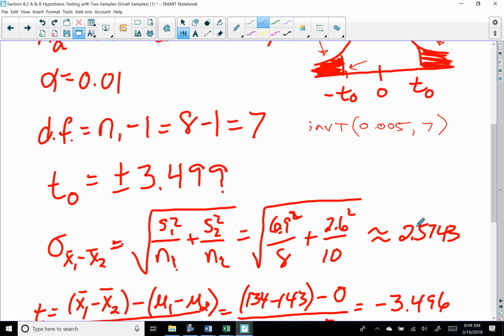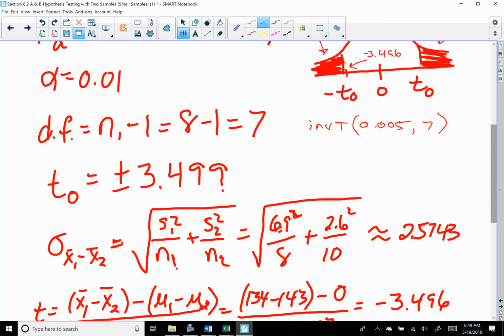My t statistic is negative 3.496. Super close. Nonetheless, it is in the fail to reject region. So we are going to fail to reject the null hypothesis.